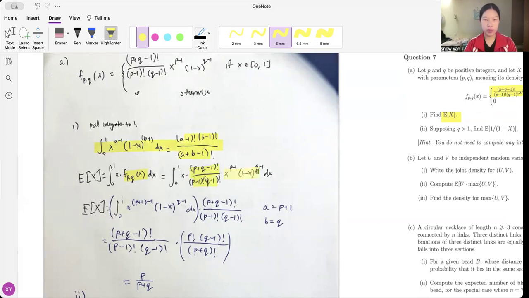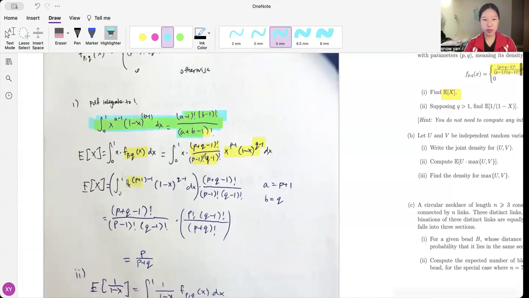I substituted that back in, and I have dx integral of this. Then I extract the constants out, and I see that I'm matching the form of the expression above, except my A is P plus 1, and my B is Q. So then I can write it in terms of this form.